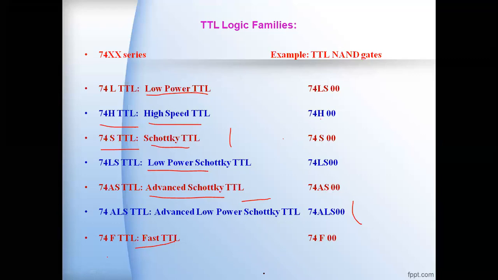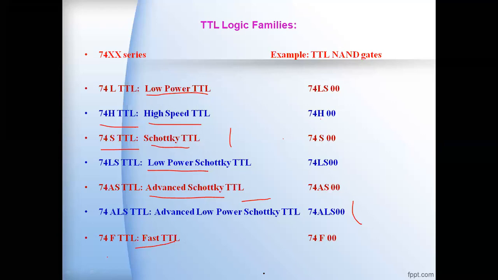So these are all the TTL logic families. There may be a question in your exam to explain the TTL logic families, so in that case, you need to explain all these properties. Did you understand these TTL logic families?